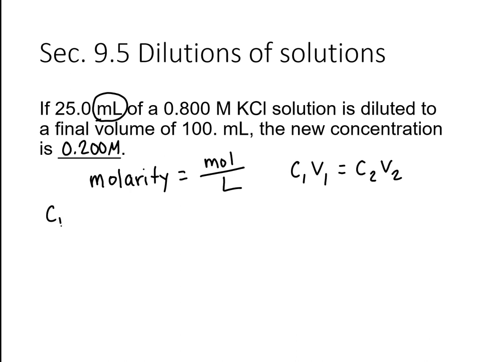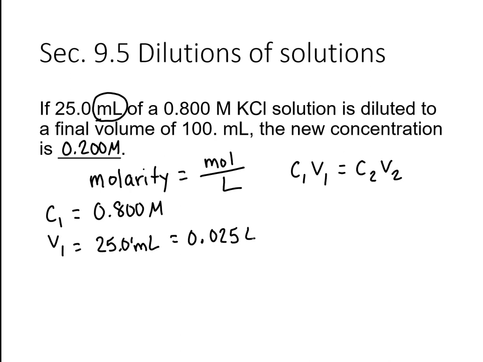So our initial concentration and volume, we have 0.8 molar and 25 milliliters. 25 milliliters is the same thing as 0.025 liters. We did conversions a while back, so you'll need to watch for that. Then we have a final volume of 100 milliliters. That's the same as 0.1 liters.